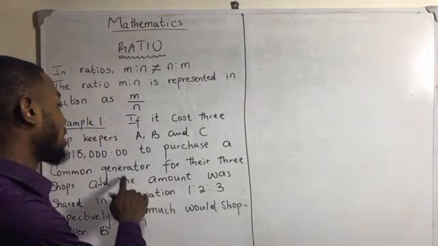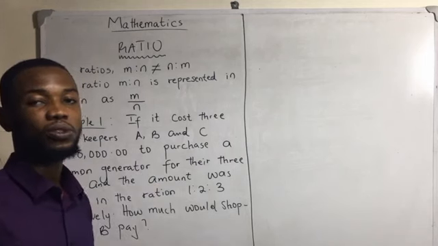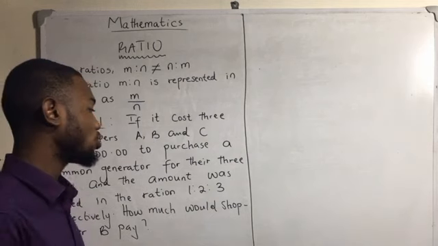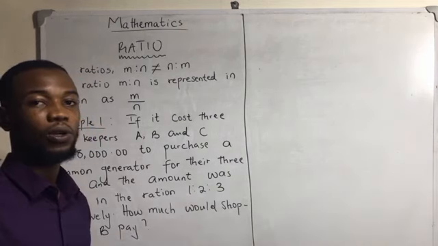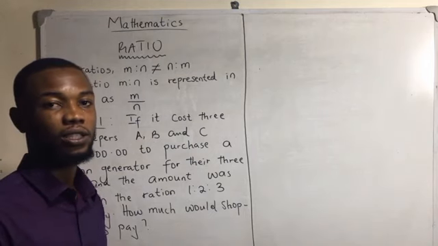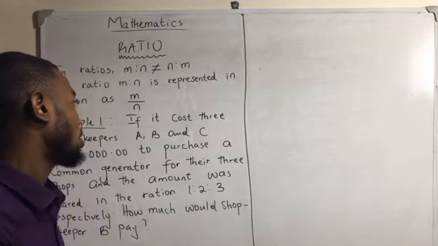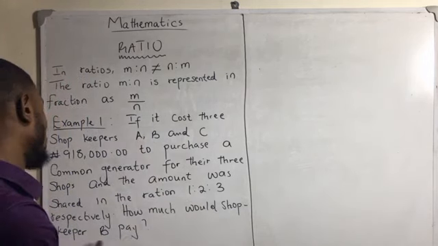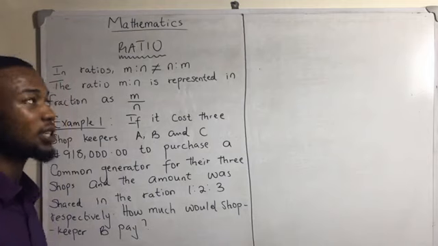Now, if they are to get a generator, you won't expect them to share the money equally. So in this form, ratio is going to help us to split the money based on the consumption of each shopkeeper. Now, shopkeeper A is to take the first ratio since we say the word respectively.